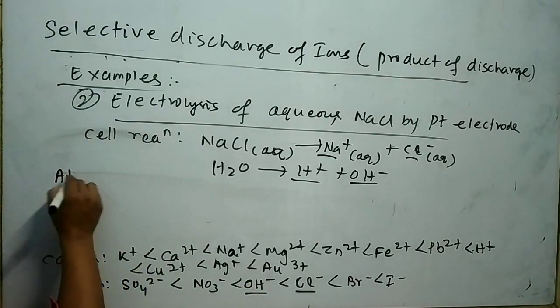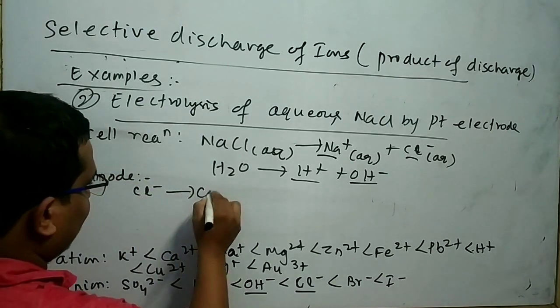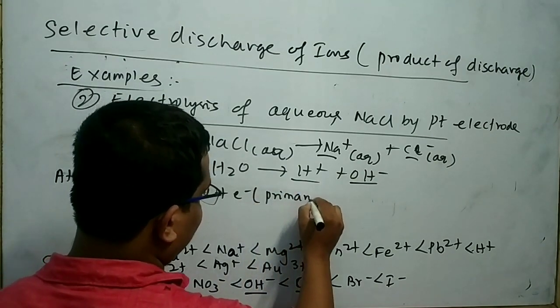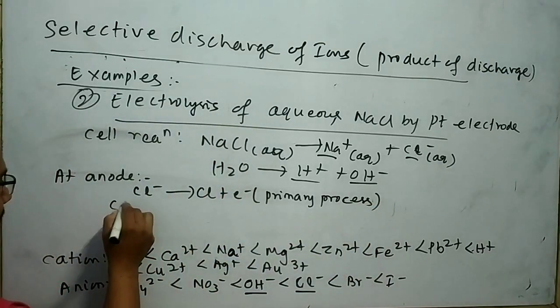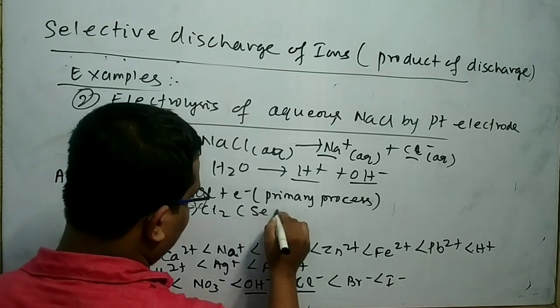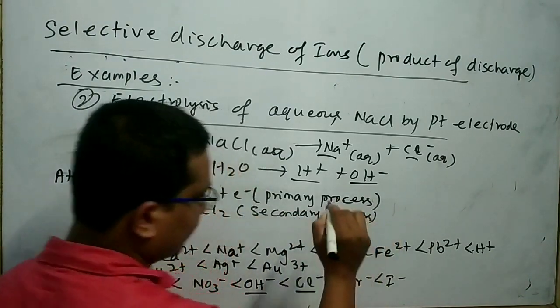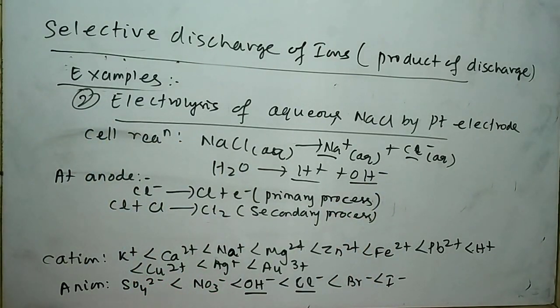So at the anode, Cl⁻ gives Cl plus an electron. This is the primary process. Next, Cl plus Cl gives Cl2. This is the secondary process. Among Cl⁻ and OH⁻, Cl⁻ discharges first, so this type of reaction takes place at the anode first.